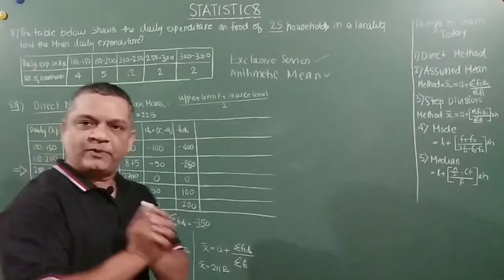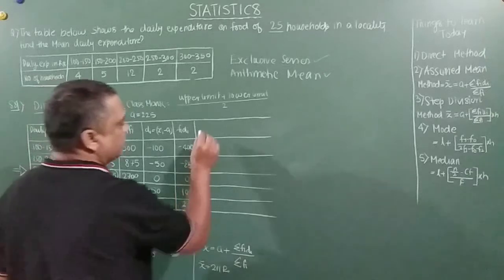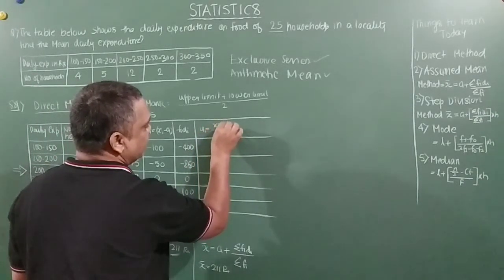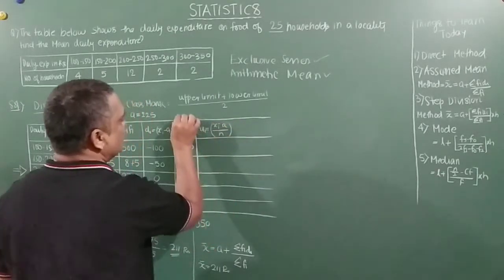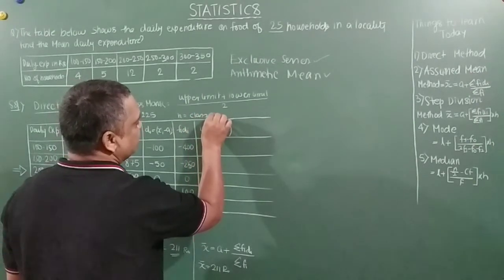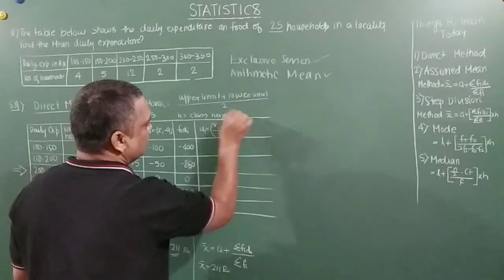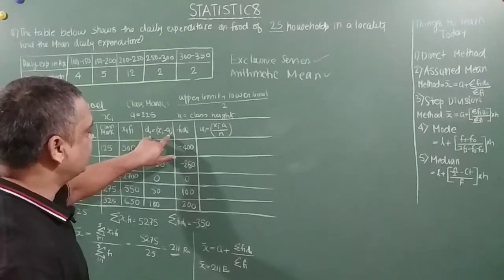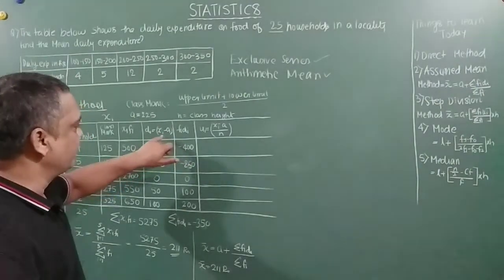So for step division problem, what do we do is that we find ui, right? So ui, which is equal to xi minus a divided by h. Here h is what? H is the class interval. You can say class width or class height, whatever. Right? Now you see, friends, this is xi minus a, we have already taken it out here, so no need of doing it again.